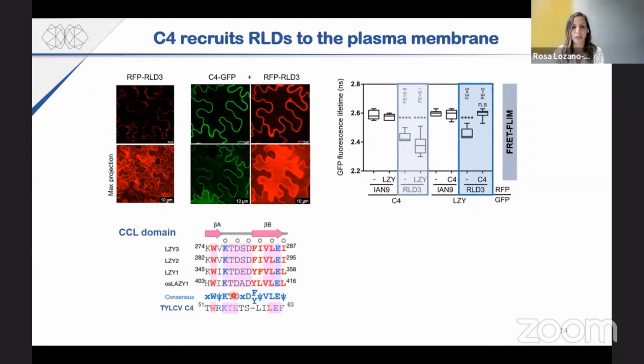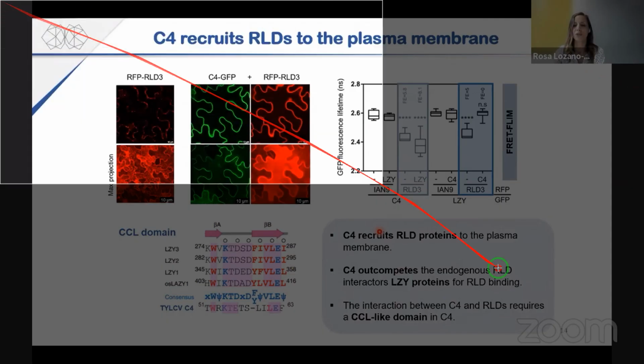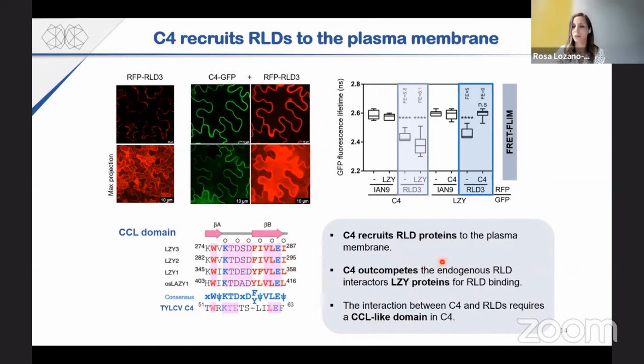And we refer to this domain in C4 as the CCL-like domain. So in a nutshell, C4 recruits RLD proteins to the plasma membrane, and it can outcompete endogenous RLD interactors for RLD binding. And this interaction between C4 and the RLDs requires a CCL-like domain in C4.